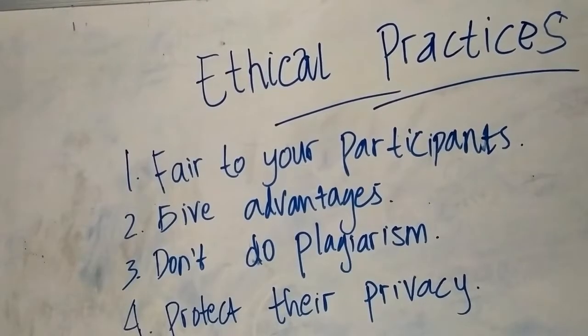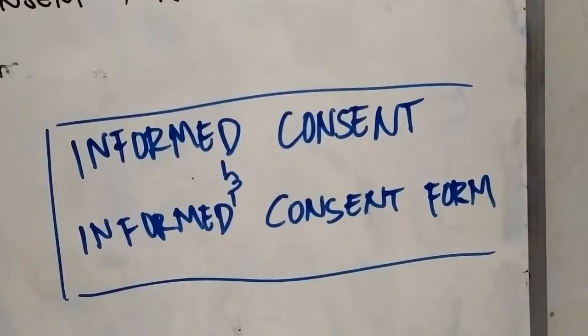Their privacy here is about their name or their biography. So if they don't allow you to write their profile in your research or in your data, then you cannot do that. So you have to protect their privacy as the participants in your research.